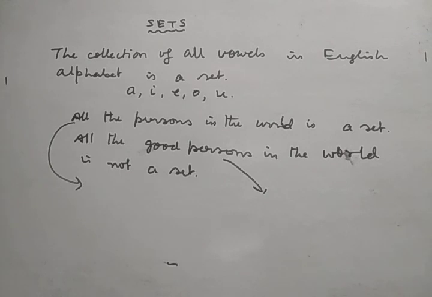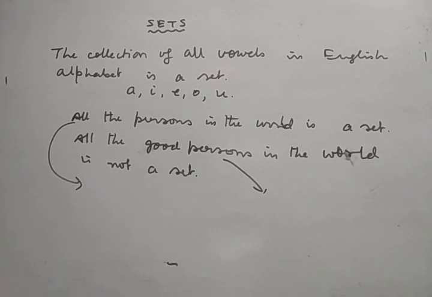Why are they not well defined? Who are the good persons in the world? That classification has not been described. Okay? Who are the good persons and who are not has not been defined.